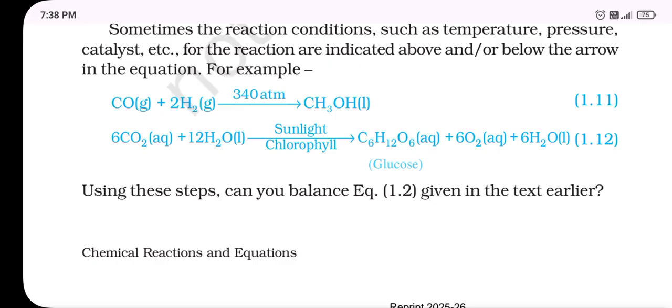Humans and animals respire, and all creatures on earth survive in the presence of the element oxygen, which is a gas. Except for one organism, mycoplasma, which can survive even in the lack of oxygen. Here it also produces 6 oxygen plus 6 water in liquid form.